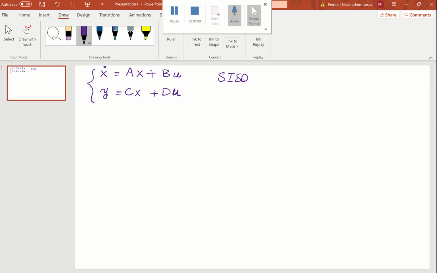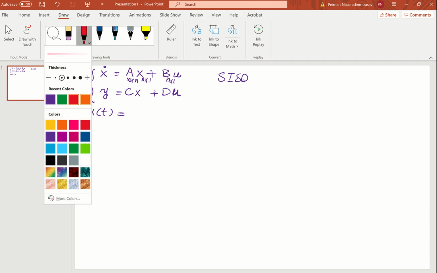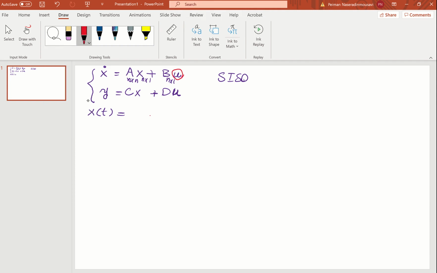For this LTI system, I told you that the solution is going to be x of t. This is an n by n matrix A, this is n by 1, this is n by 1, and because the system is SISO, we have only one input, a scalar here, and this is n by n.